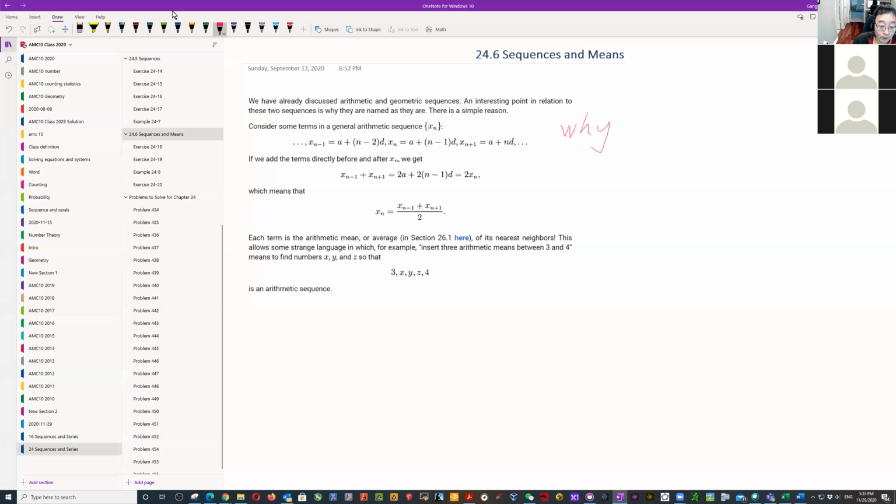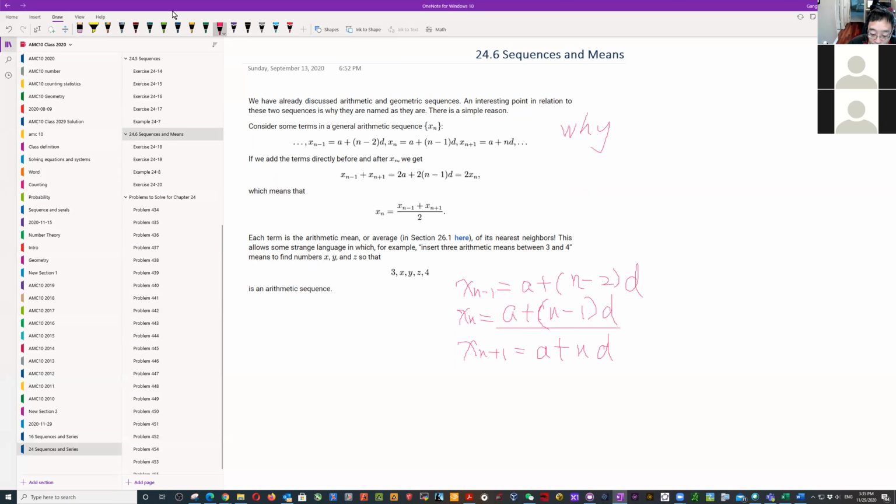How does that work? For example, we know that xn equals a plus (n minus 1)d, and x(n minus 1) equals a plus (n minus 2)d, and x(n plus 1) equals a plus nd.